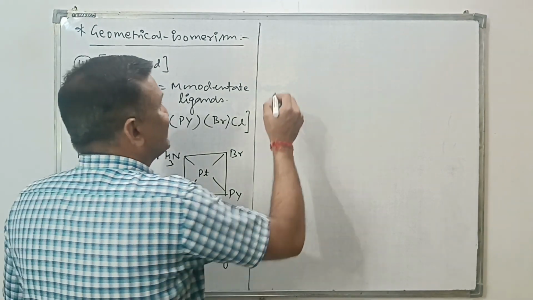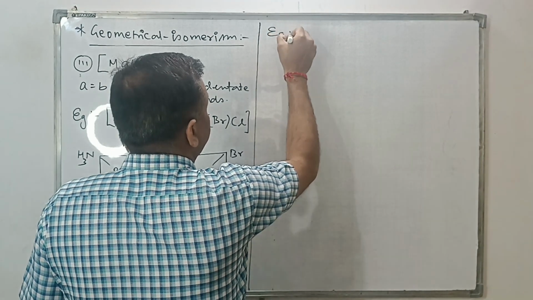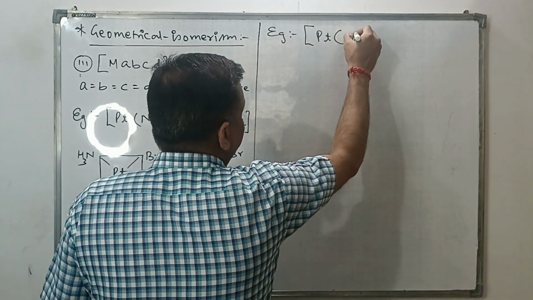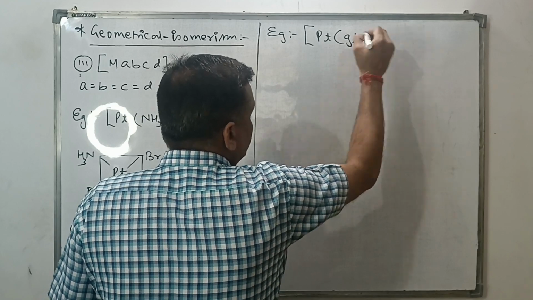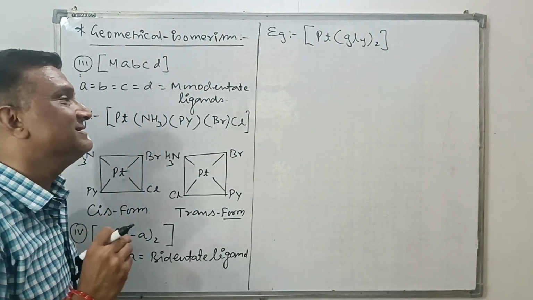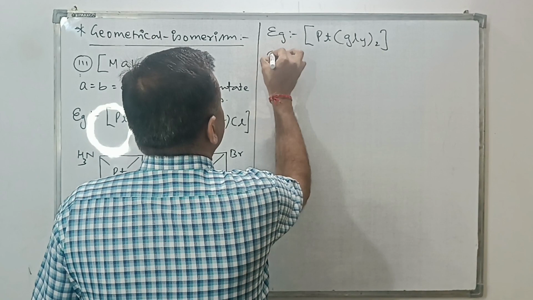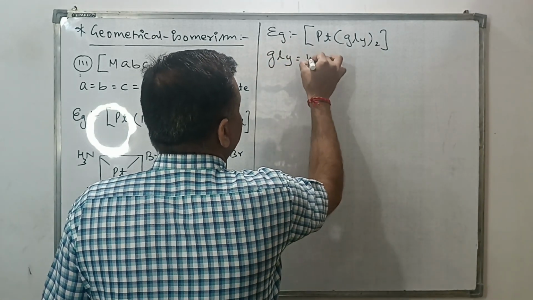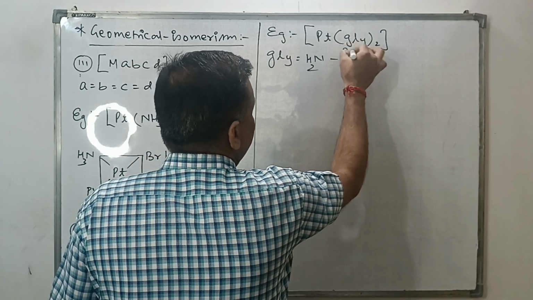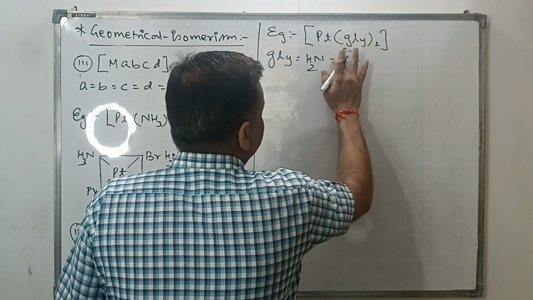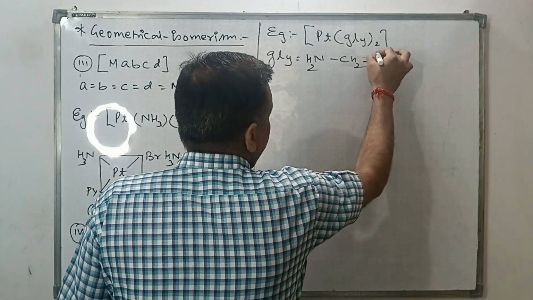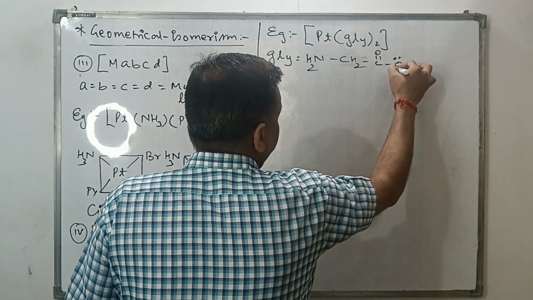Regarding this, we can take an example. This is your Pt, this is your Gly whole 2. You know Gly is your glycinato. Gly is your glycinato ligand like this, NH2CH2COO negative.